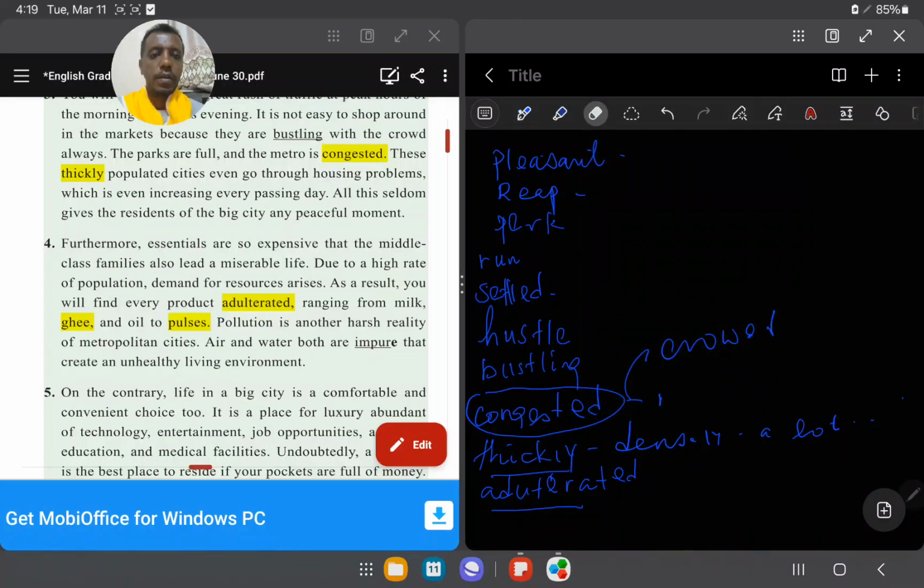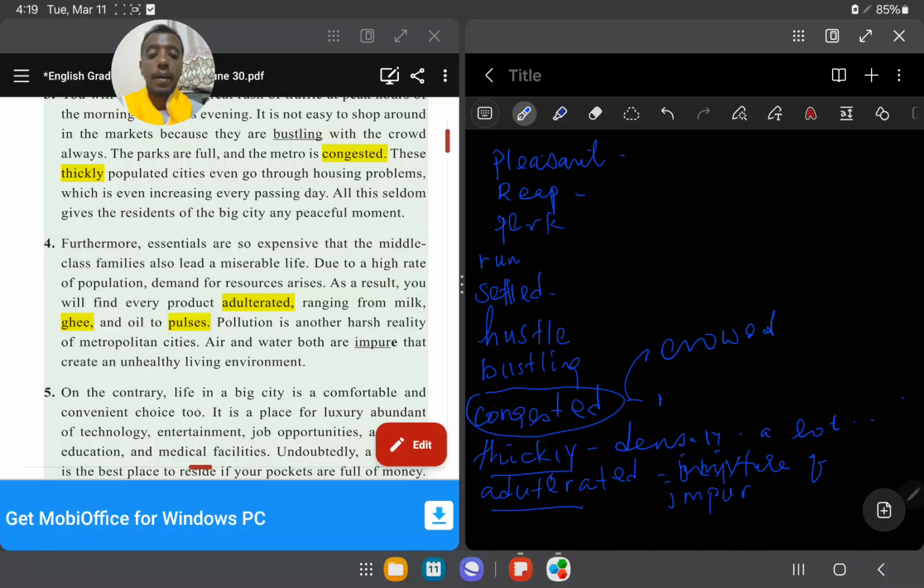Sorry. Impure mixture of impure. This one is crowded, this one is congestion. Congested means crowded.